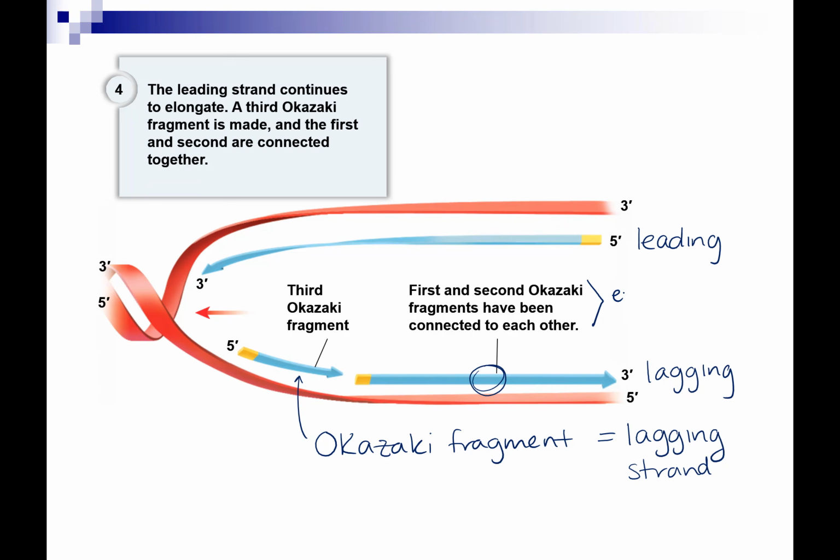So eventually, RNA primers are removed and the Okazaki fragments are joined. And we'll talk about how that happens in just a second. Okay. Again, every time you make a new piece of DNA, you have an RNA primer shown in yellow.